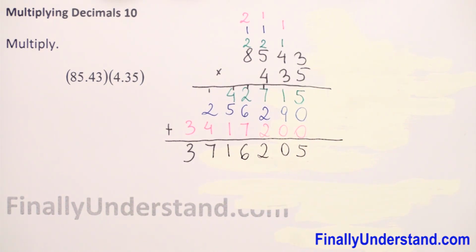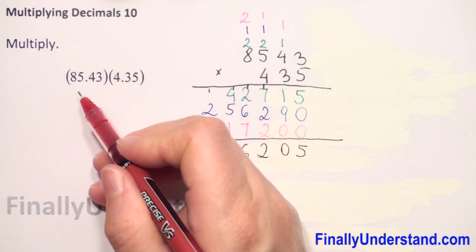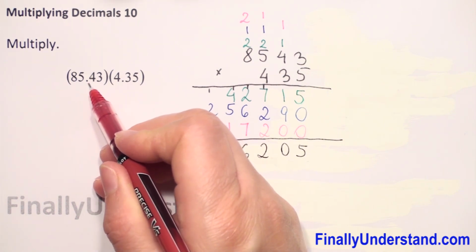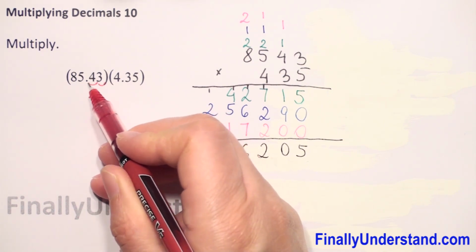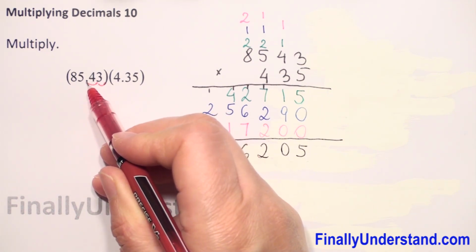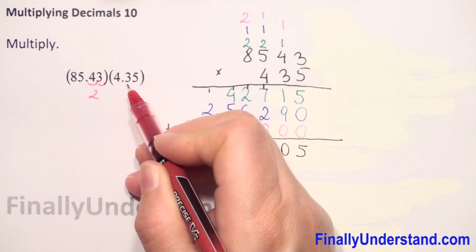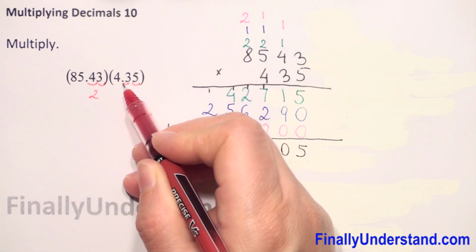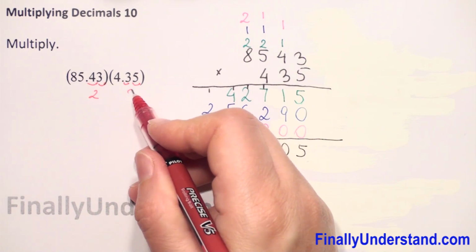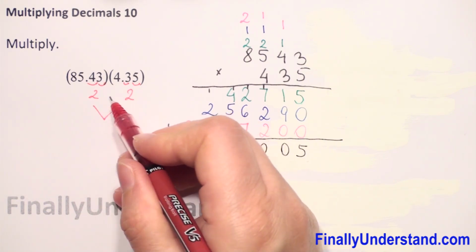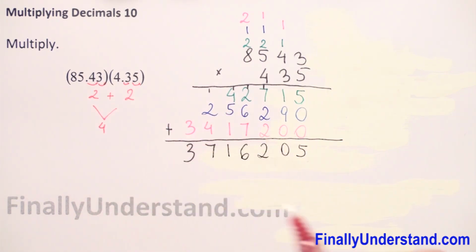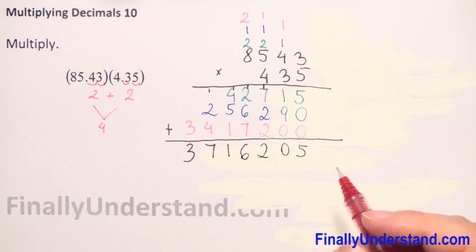And next, because we have decimal numbers, we have to count decimal places now. In the first number we have 2 digits after the decimal point, so 2 decimal places. In the second we have 2 digits after the decimal point, so we have 2 decimal places. 2 plus 2 gives me 4, so I need to count 4 decimal places.